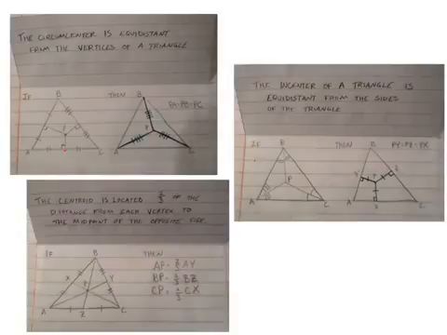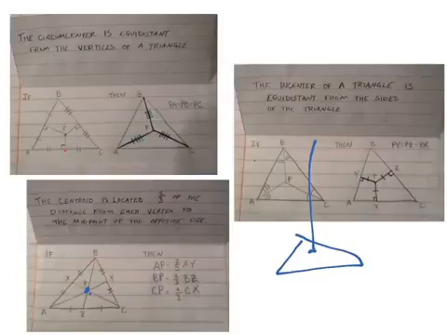The centroid doesn't do anything for us as far as drawing circumscribed or inscribed circles. However, it does give us the point that is the center of mass for the triangle. So if we had a triangle and we wanted to hang it from a string, we would want to latch the string onto the centroid to have the triangle be perfectly balanced.